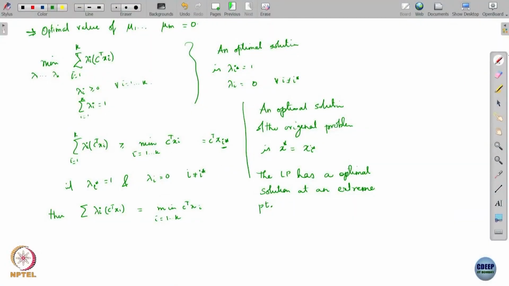Say for example, here I said x i star is the one that is giving you the least of these. There could potentially have been another one.